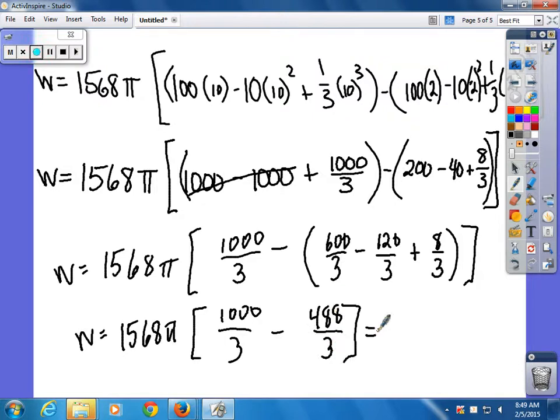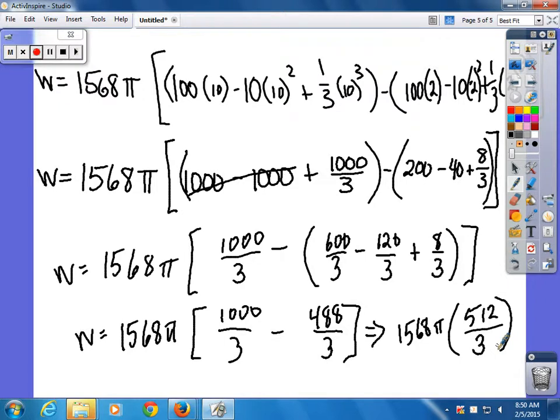1568 pi. 512. Might help me out. Somewhere around 170.7. Somebody do this math for me.